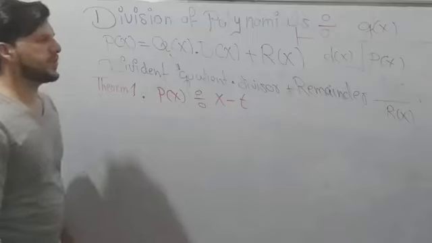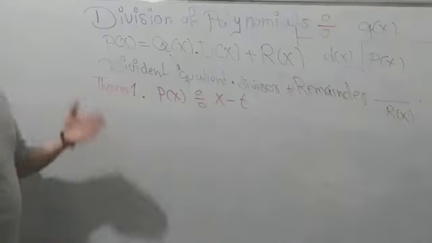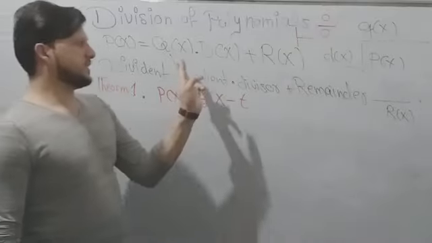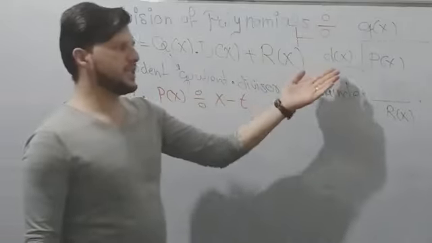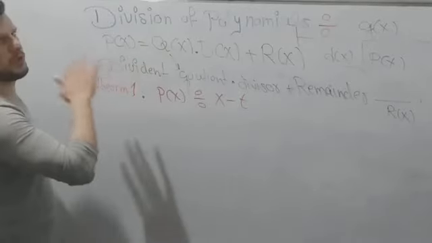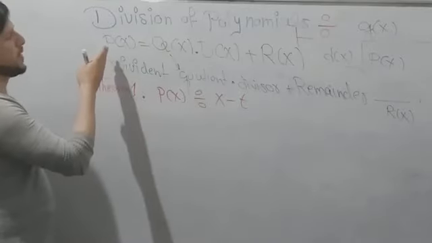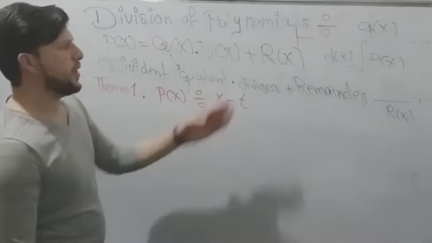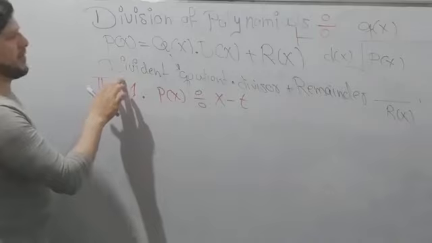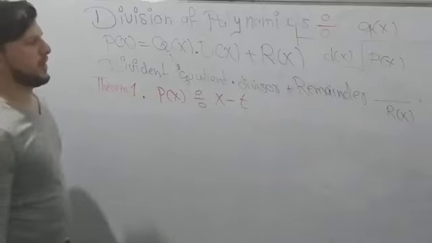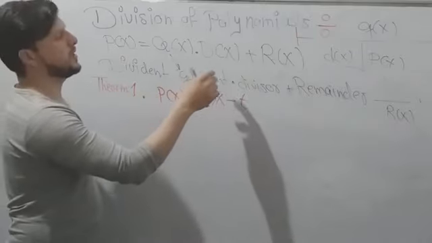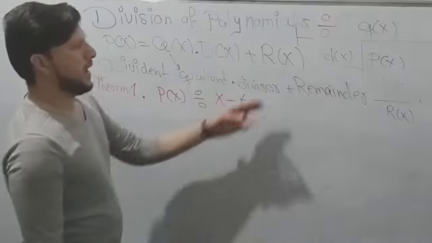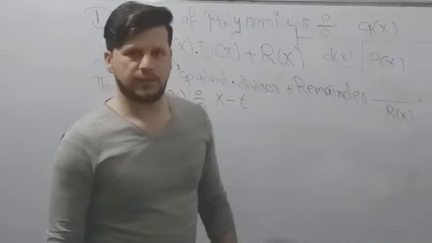You know that for division of polynomials, if you divide a polynomial p(x) by q(x) or by d(x), the case will be p(x) is equal to q(x) multiplied by d(x) plus r(x), where p(x) is a polynomial called the dividend, q(x) is the quotient, d(x) is the divisor, and r(x) is the remainder of the polynomial.